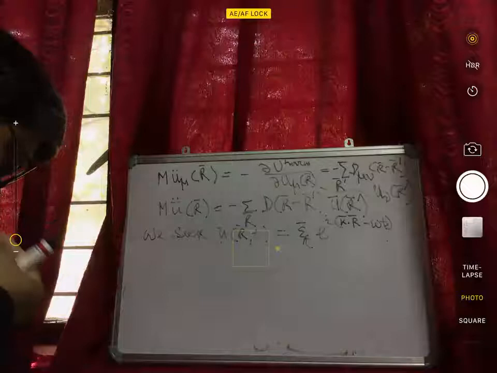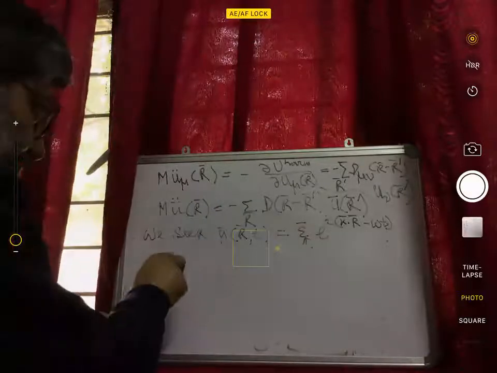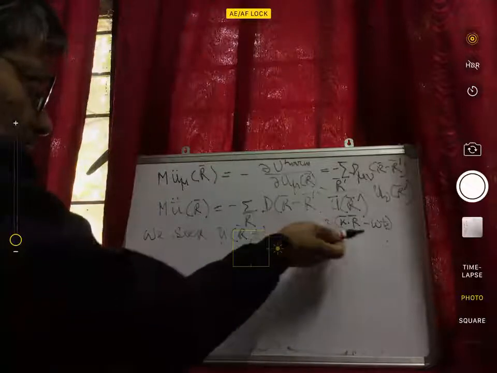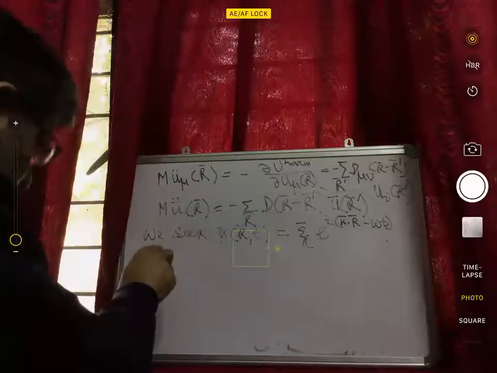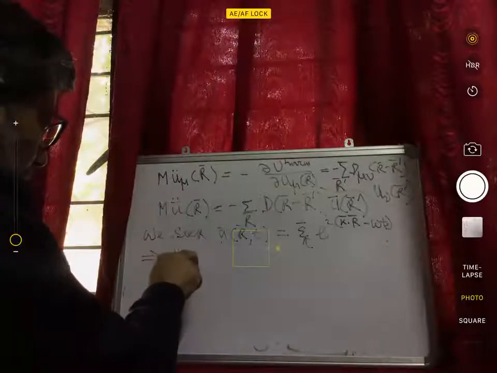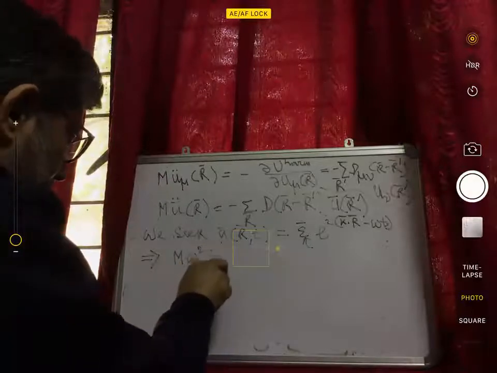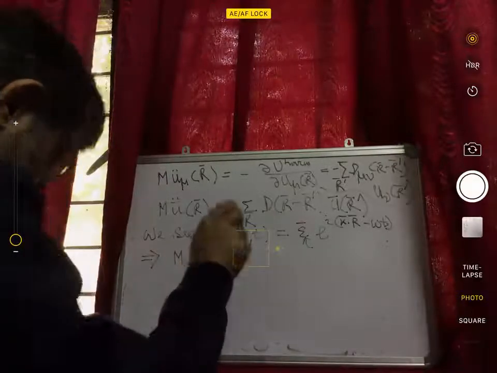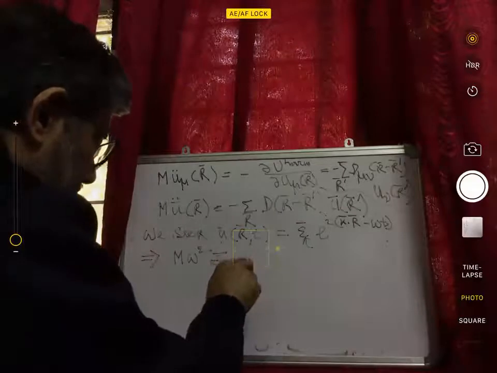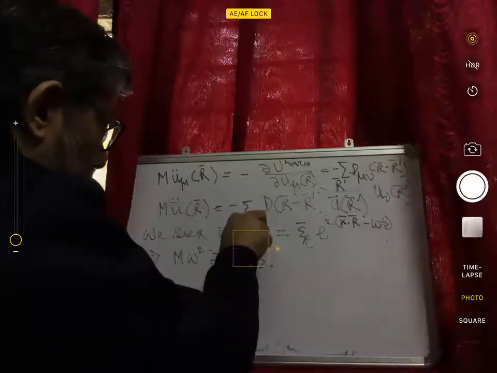So you plug this into this equation, and the second derivative in time will give you omega squared. So eventually what you get is, with r primed here.